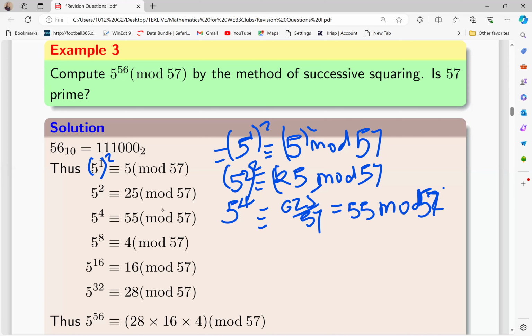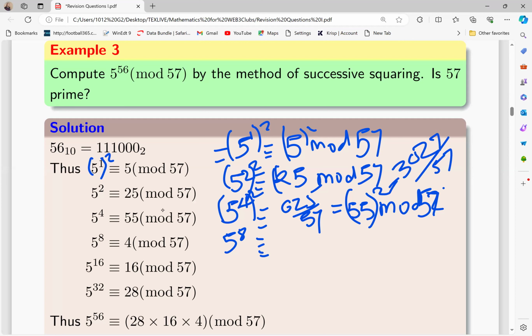Then the next part, again you square. 55 times 55, 55 squared, you get 3025.